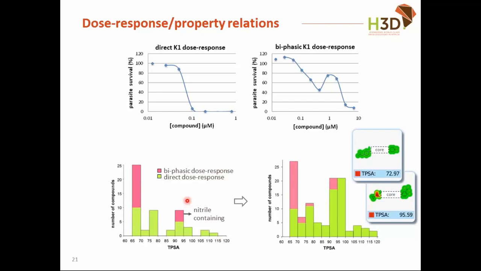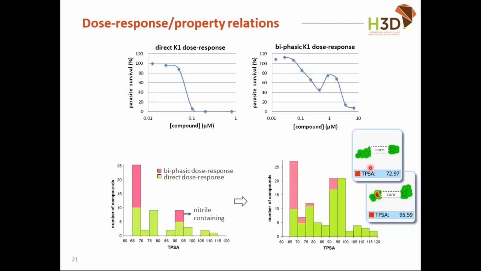So once we had managed that, we knew which chemical space we had to work in, but we still had to find compounds that were active and that had good physical-chemical properties to match the criteria for the late lead.